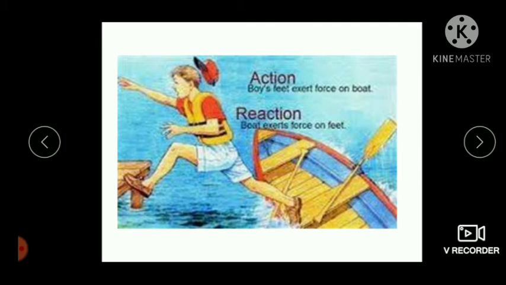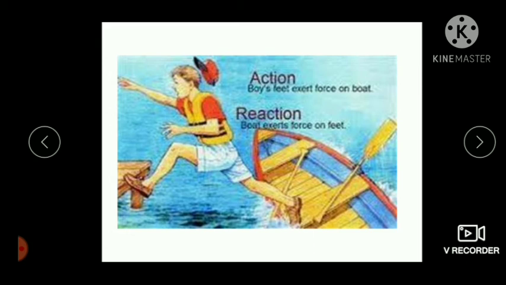So here the man exerts a force on the boat, hence the boat moves backward. So this is action. The boy's feet exert force on the boat and this boat moves backward. And reaction is the boat exerts force on the feet.